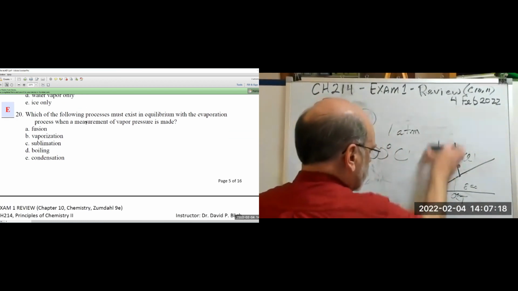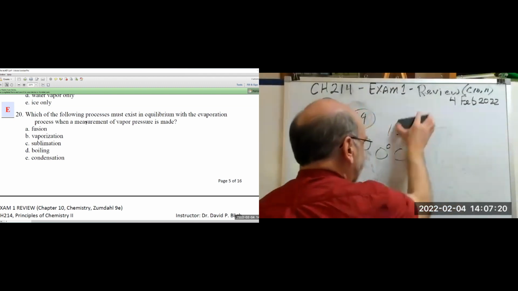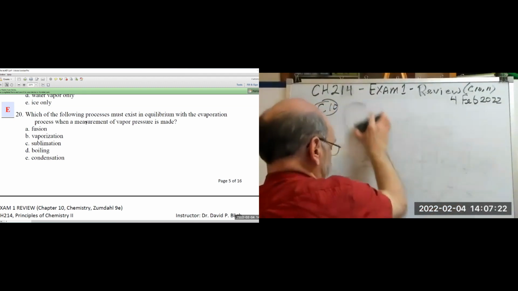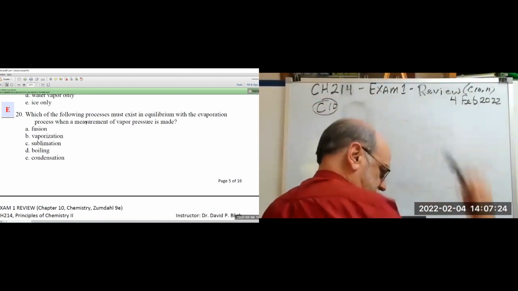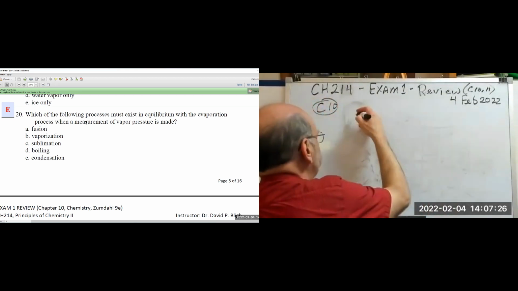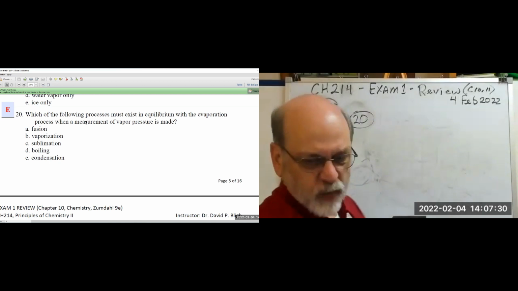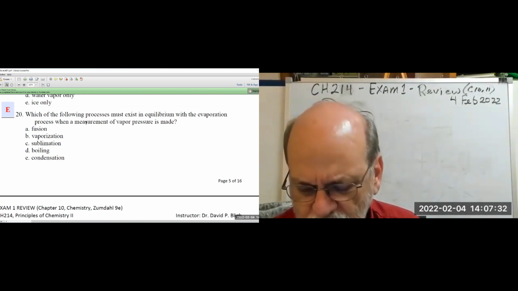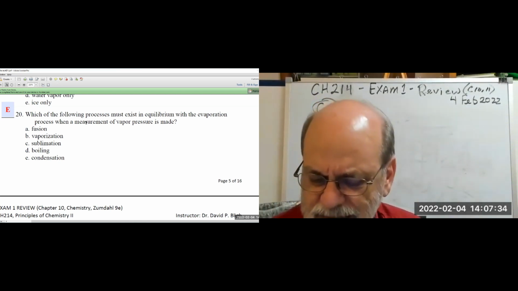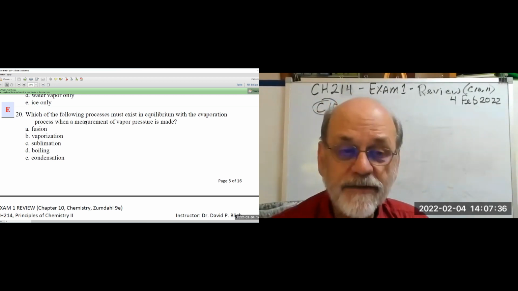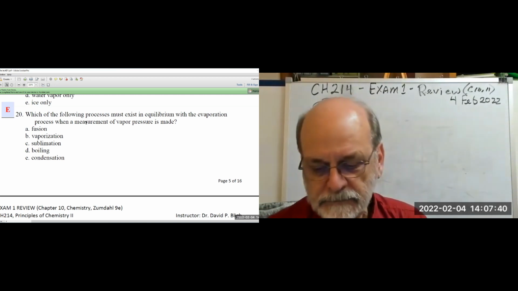All right. Which of the following processes must exist in equilibrium with the evaporation process when a measurement of vapor pressure is made?